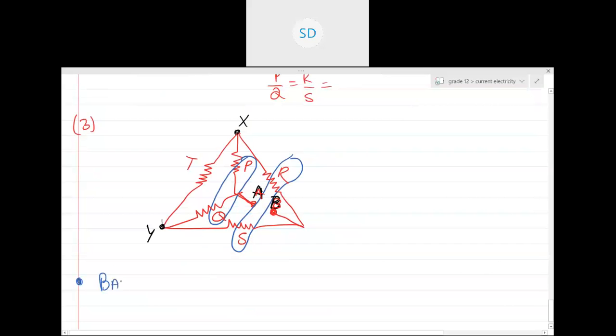The balanced condition. I think I will not be able to give you the derivation, but at least we'll do the condition. What is the condition?